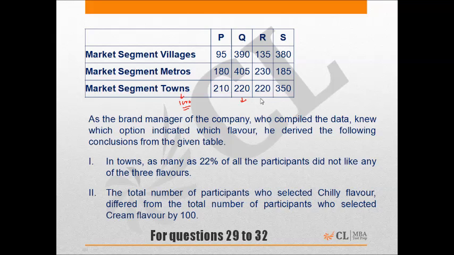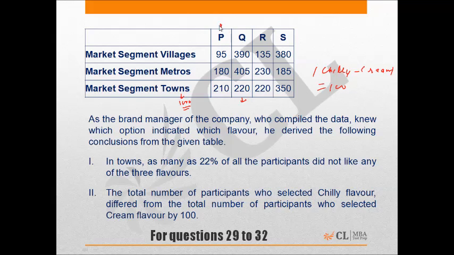The total number of participants who selected chili flavor differed from the total number of participants who selected cream flavor by 100. It means chili flavor minus cream flavor, more of this is equal to 100.